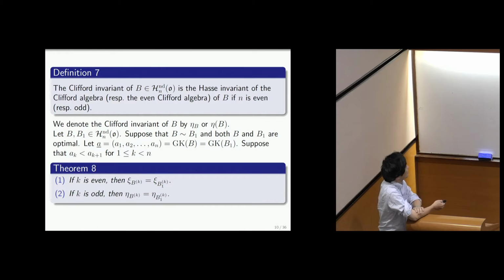Then the next theorem says that if k is even, then the Kronecker invariants of B_k and B1_k are equal. And if k is odd, then the Clifford invariants of B_k and B1_k are equal.